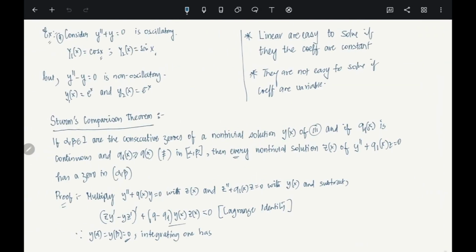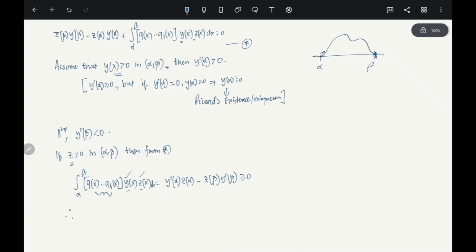But that is also not the case, because we said that they are not identically equal. So our assumption is wrong, and therefore every non-trivial solution z of x of y double prime plus q1 of x y equals 0 has a 0 in alpha beta. I hope this is clear.